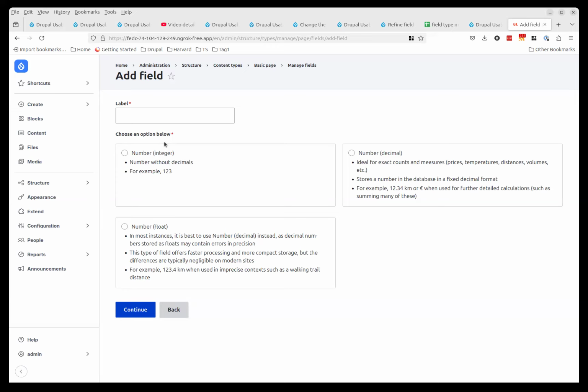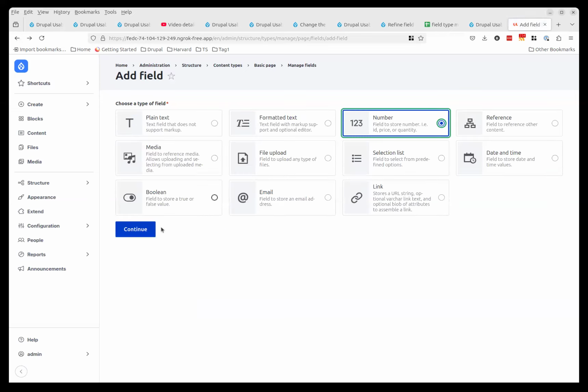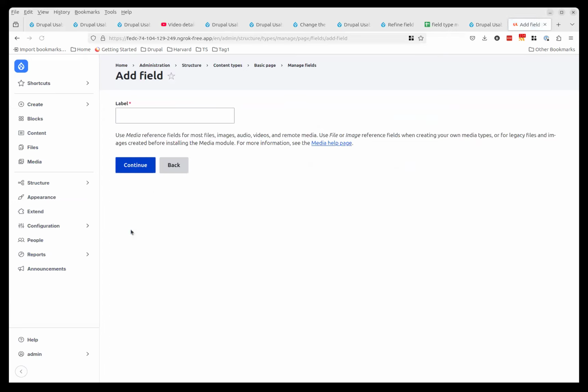If you choose, for example, media, there's the problem that the description providing the difference between media and file and image is provided on the second step, which should basically be available on the first step.